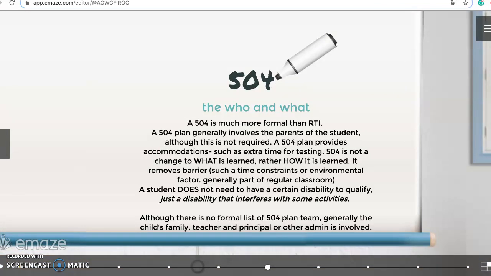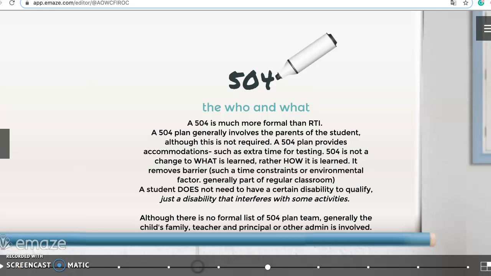It is granted to students who have a disability, and its name comes from Section 504 of the Rehabilitation Act, which is protections for students with disabilities. A 504 plan is a little bit more vague than IEP, which we will get into, in that 504 plans can be provided to students with any disability, so long as it is deemed to interfere with their general education.